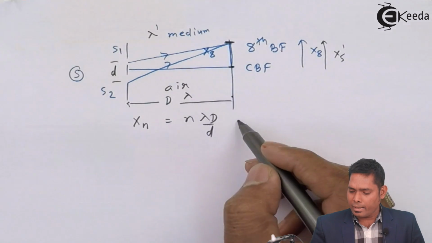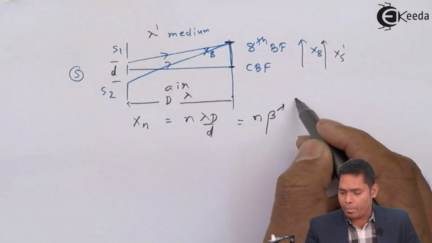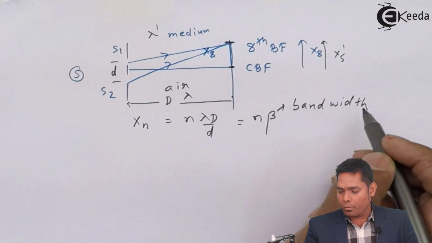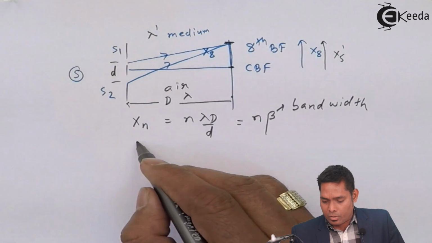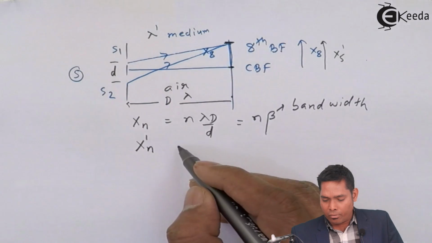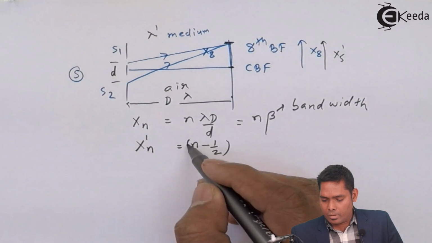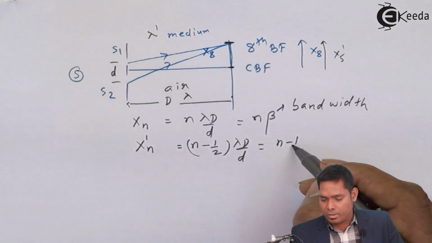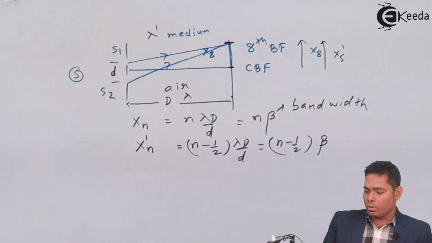So this formula is known, and I can directly write n beta, where beta is the bandwidth or fringe width. For dark fringes, I use the nth dark fringe, which is n minus half times lambda D over d, that is n minus half times beta. This is the formula we are going to use.